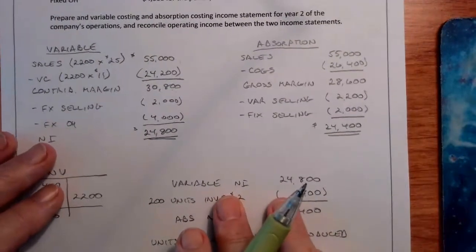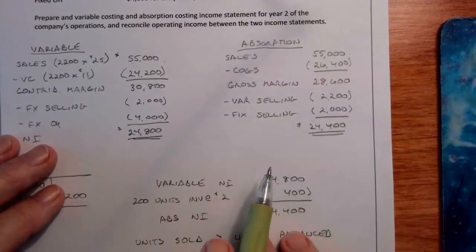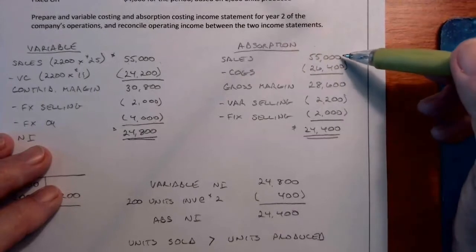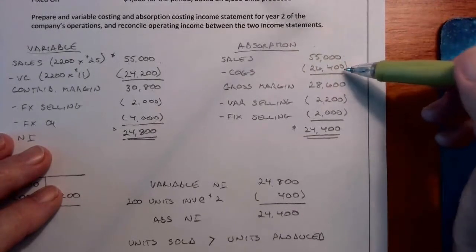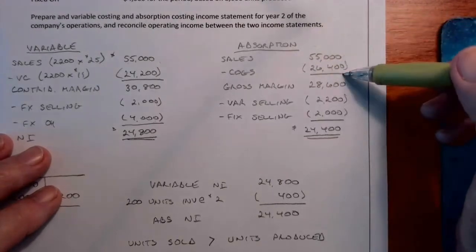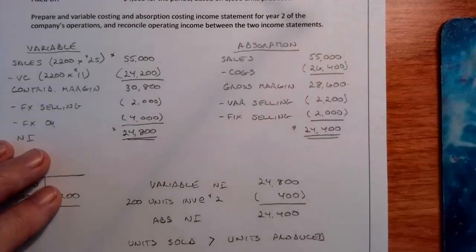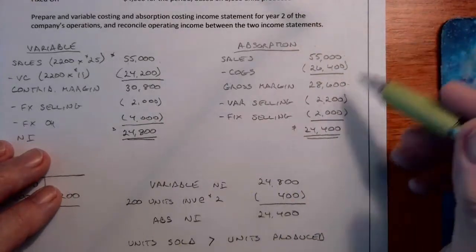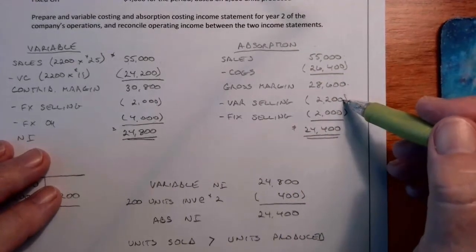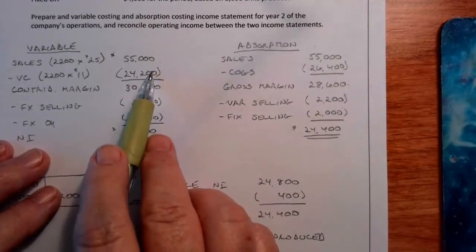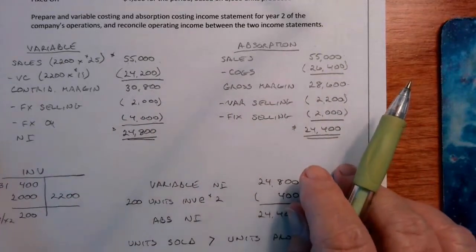Okay, so now let's go to absorption. I wish I could see your faces and know if there were any questions. Sales are 55,000. Cost of goods sold is 26,400 because we figured it out up above. So my gross margin is 28,600. Variable selling is 2,200, $1 per unit. Variable selling was up here before, in the variable cost.